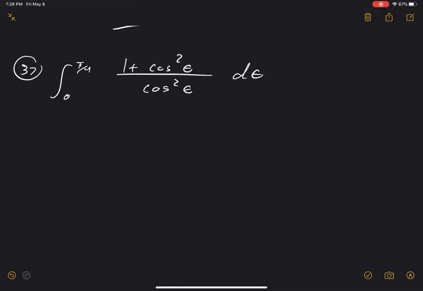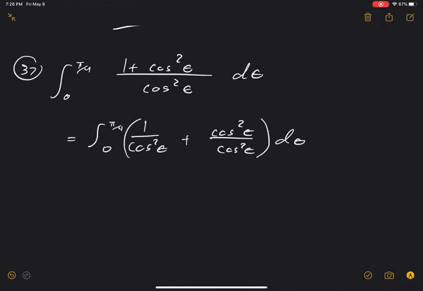Okay, how could we split this up? Off the top of my head, I would split it up like so: 1 over cosine squared theta plus cosine squared theta over cosine squared theta d theta. Let's simplify.